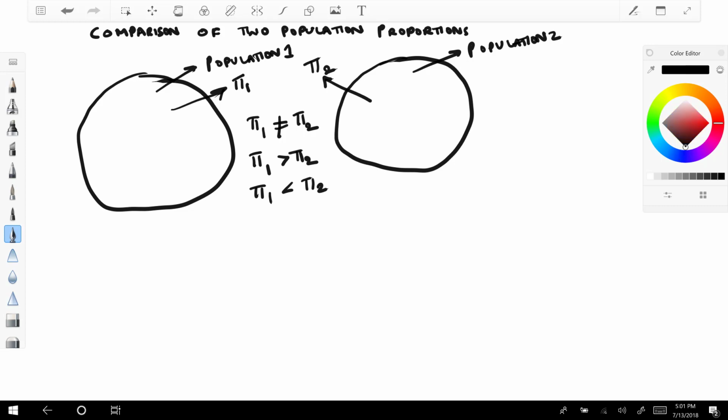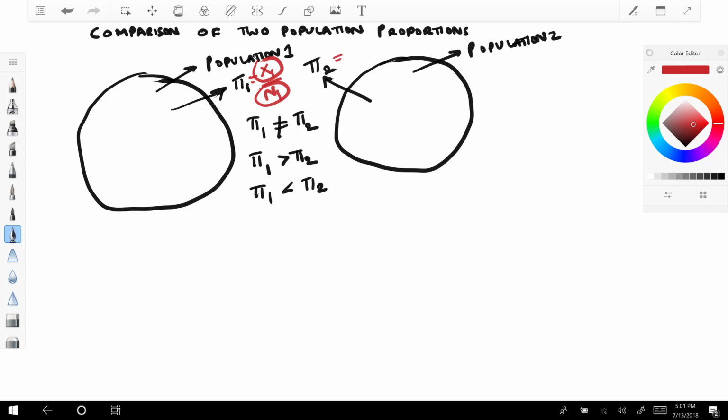So you might know the definition of proportions, which for pi 1 would be capital X1 divided by n1. So that's the number of observations having certain characteristics is our X1, and n1 is the total number of observations in population 1.